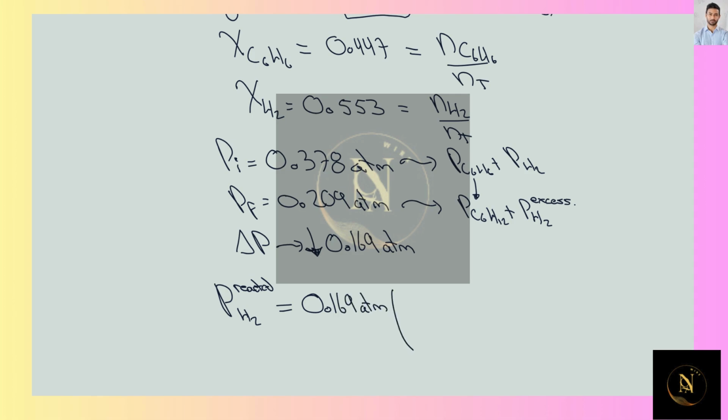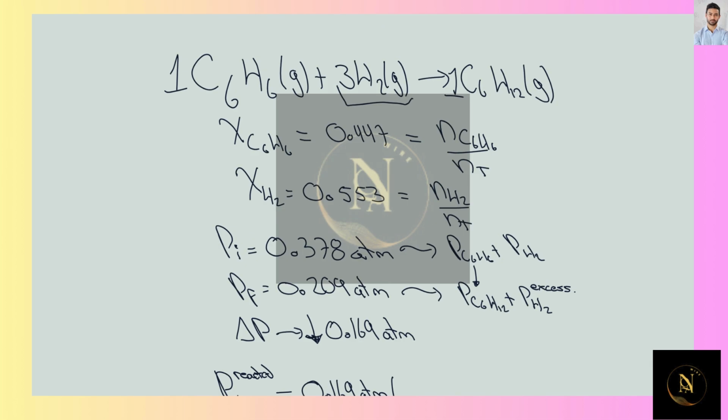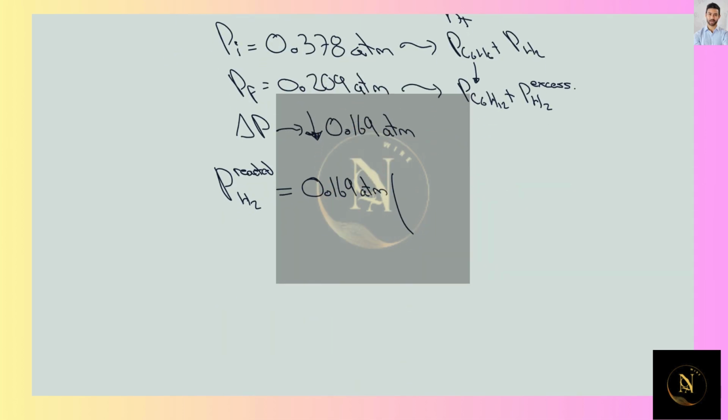If this corresponds to the reacted fraction, we know from the stoichiometric relationship that 3 moles of hydrogen react with 1 mole of benzene. So 3 moles of H2 corresponds to 1 mole of benzene. Let's turn this into a process because now we're going to get the pressure of benzene that we had initially.